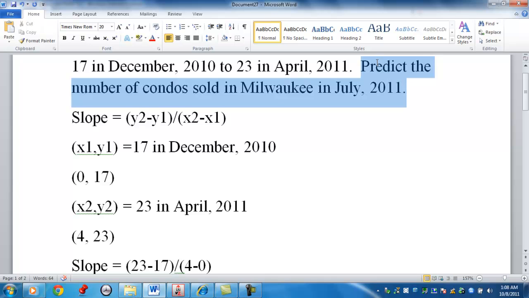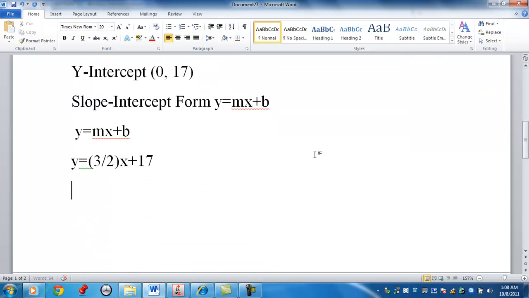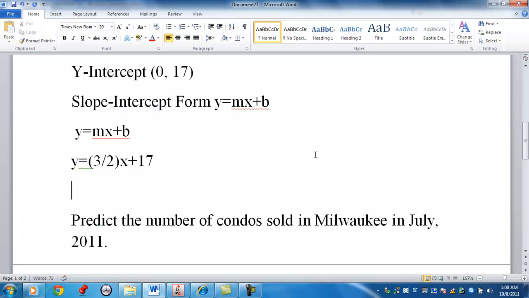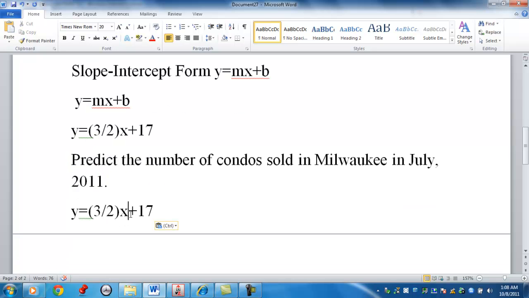We want to predict the number of condos sold. For this, I would use the equation. Let x equal 7 months later.